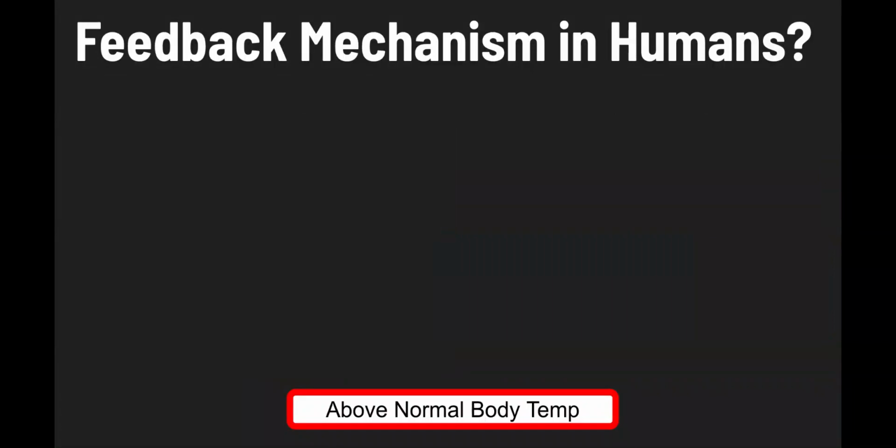Now, I want to show you the specific feedback mechanism that humans use in thermoregulation. So let's say that you are running a fever, so you're above your normal body temperature. What happens? What's the feedback mechanism to help restore you to your set point, the body temperature that you function properly at?